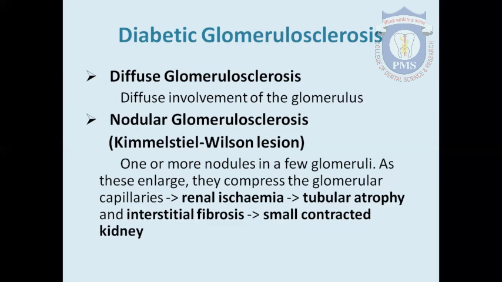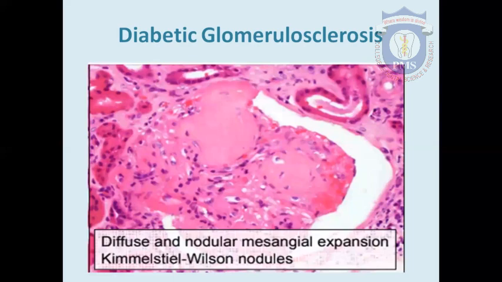As these enlarge, they compress the glomerular capillaries, giving rise to renal ischemia, which in turn produces tubular atrophy and interstitial fibrosis, resulting in a small contracted kidney. You can see the diagram of diffuse and nodular glomerulosclerosis.